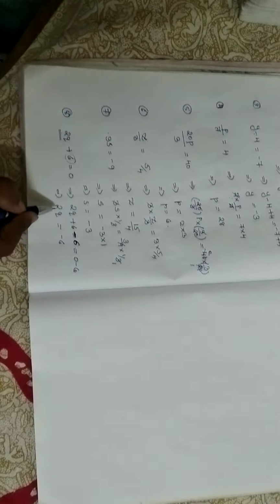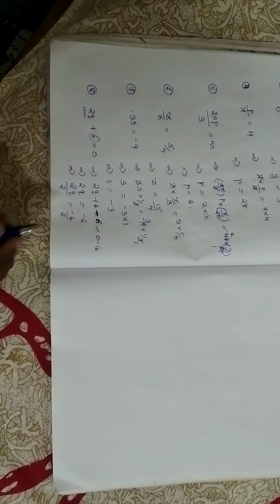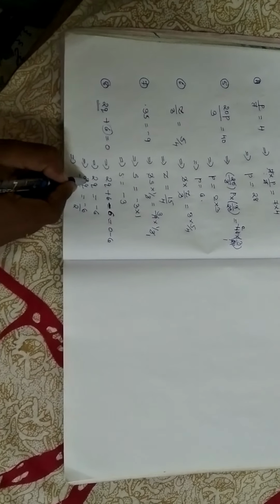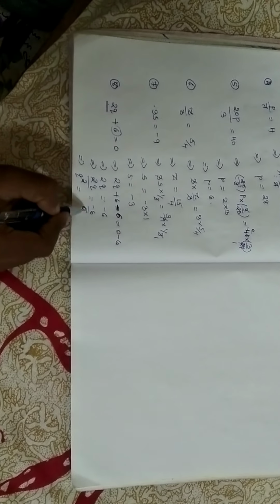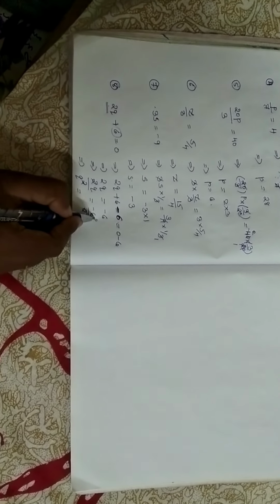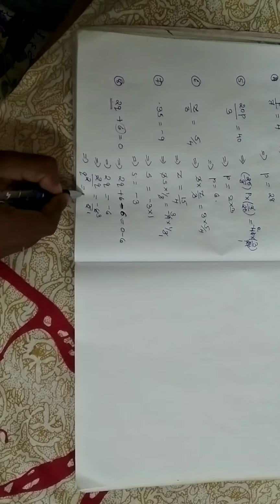Then again 2q, 2 is the multiplication, so we take division. 2q by 2 is equal to minus 6 by 2. That implies 2 cancelled, q is equal to 3 twos are 6, that is minus 3.